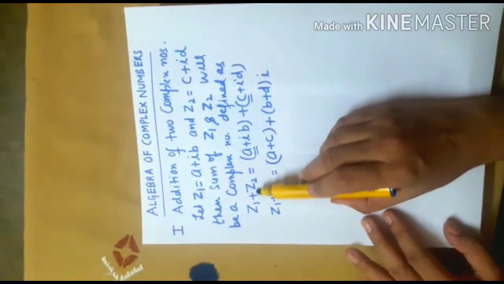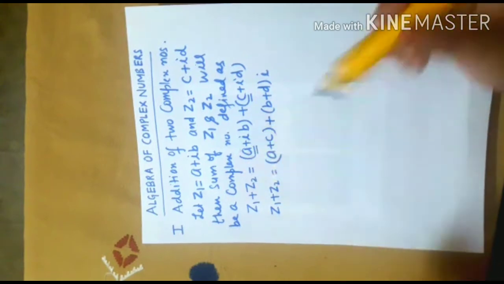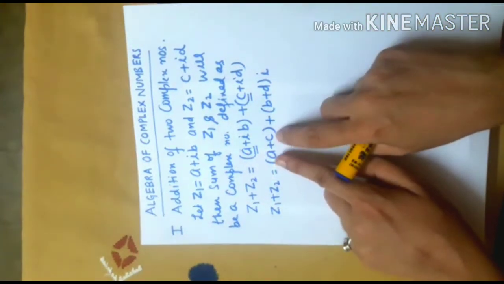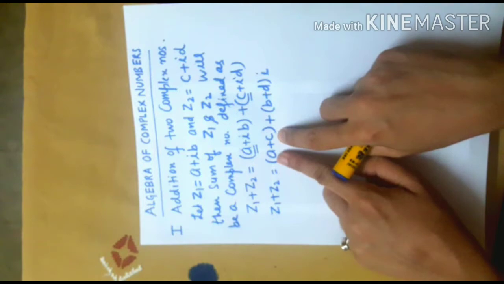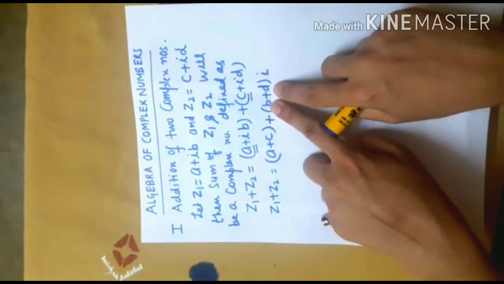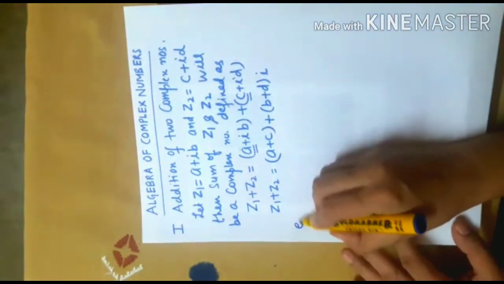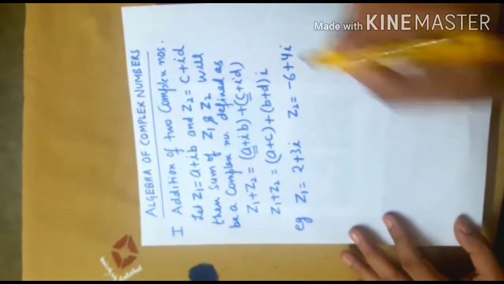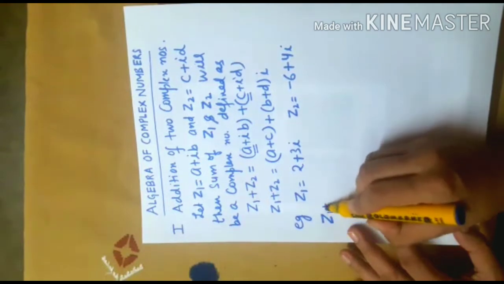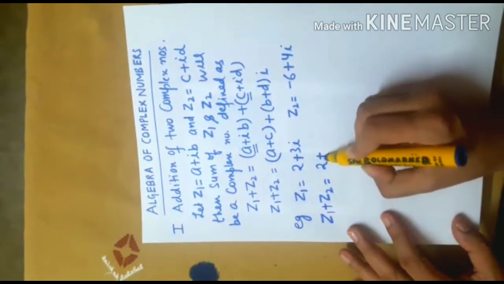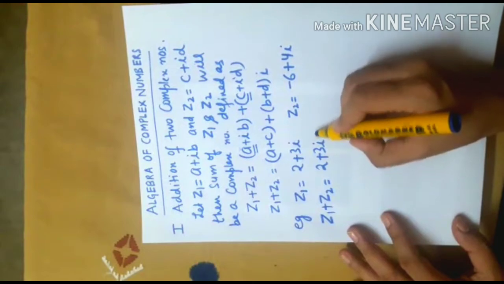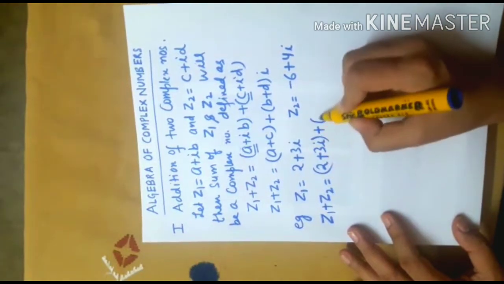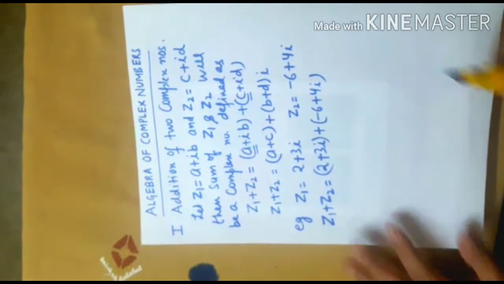So that means when we add two complex numbers, we add their corresponding real parts and we add the imaginary parts. For example, suppose z1 is 2 plus 3 iota and z2 is minus 6 plus 4 iota. If I have to find z1 plus z2, that is 2 plus 3 iota plus minus 6 plus 4 iota.